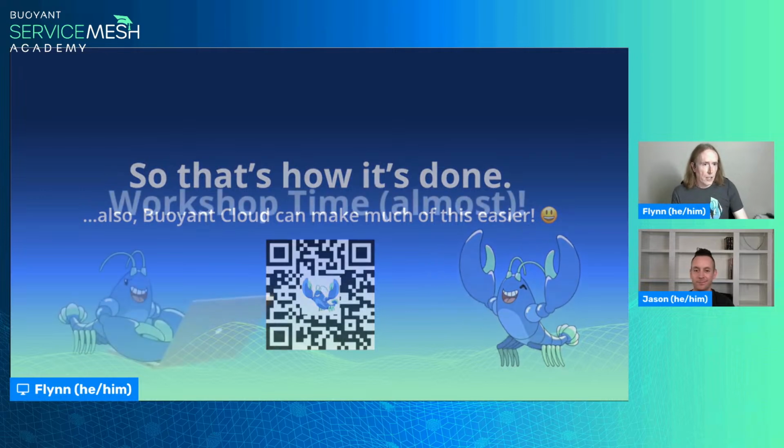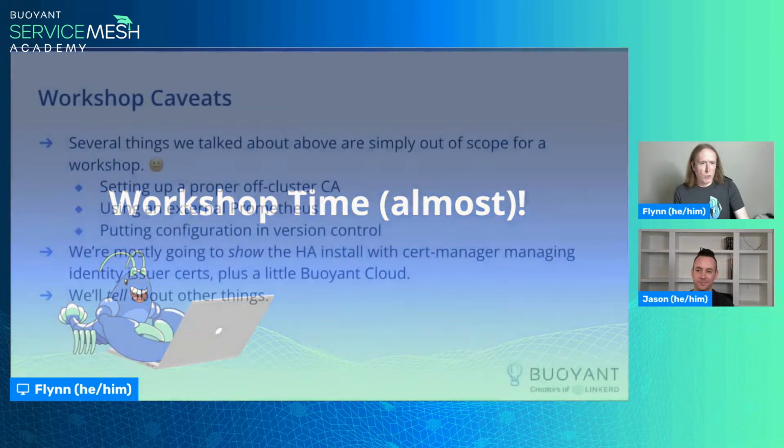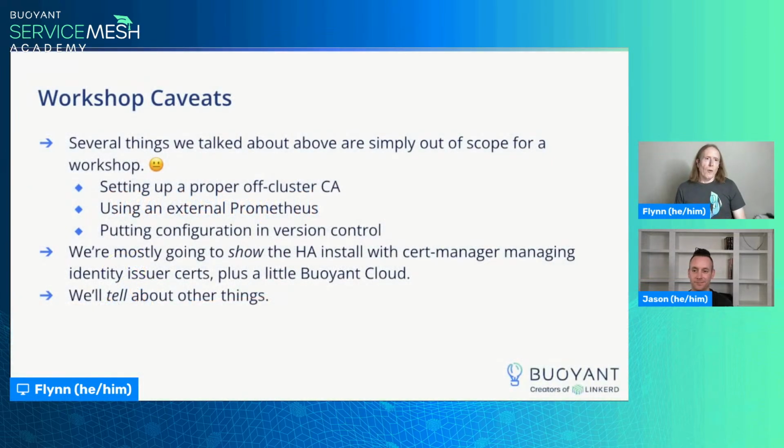Okay, so that's how it's done. All right, it's almost workshop time. A couple of things I wanted to point out. We've talked about a lot of stuff that is just kind of out of scope for a workshop, at least for a workshop that we want to get finished in any sort of finite time. So we're not actually going to show setting up a proper off-cluster CA, although I'm a little bit optimistic that we'll be able to show that next time around. We're not going to show how to set up an external Prometheus.